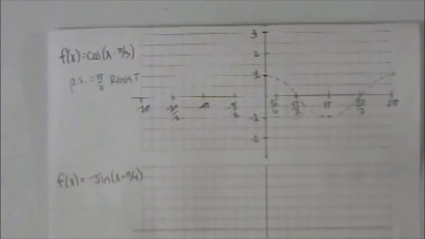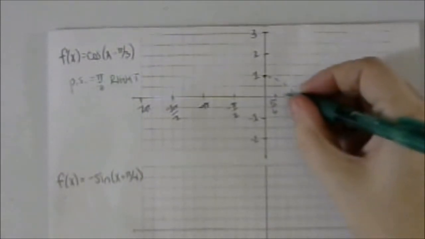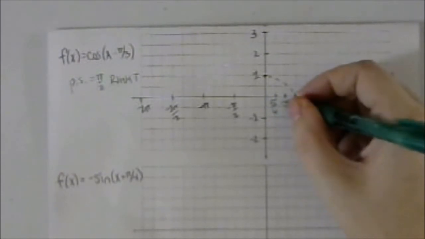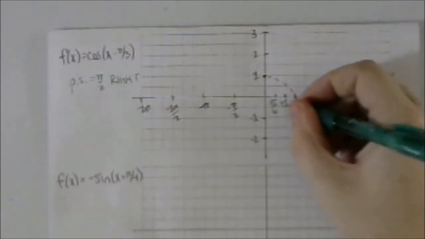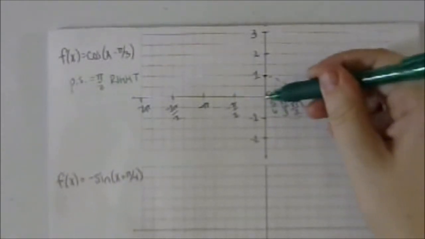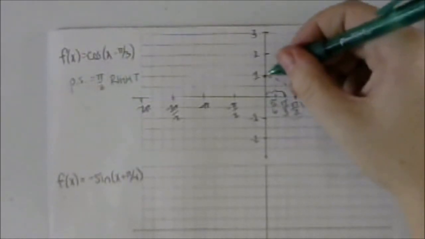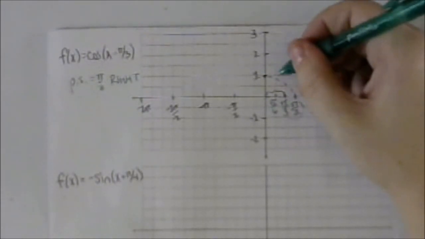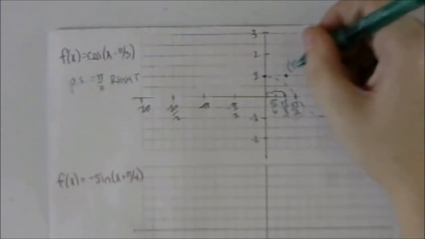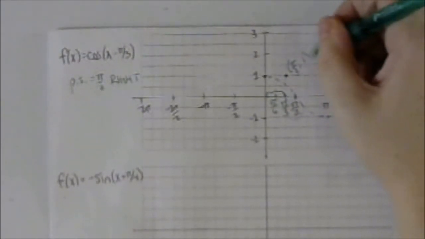Well, if 1 box is pi sixths, 2 boxes must be 2 pi sixths, which simplifies to pi thirds. I now know that a shift of pi thirds is 2 boxes to the right. Take your first point at 0, 1, move it 2 boxes to the right. It's now pi thirds, 1.